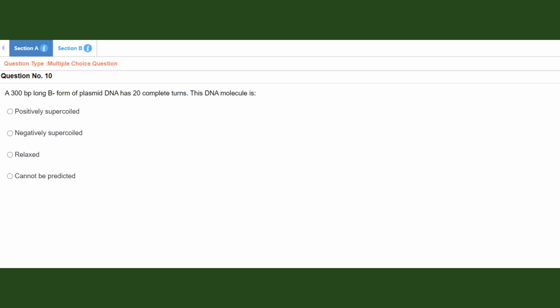Question number 10. A 300 base pair long B form of plasmid DNA has 20 complete turns, and this DNA molecule is A positively supercoiled, B negatively supercoiled, C relaxed, or D cannot be predicted. Now in relaxed state, this B DNA is supposed to have 10 base pairs per turn.